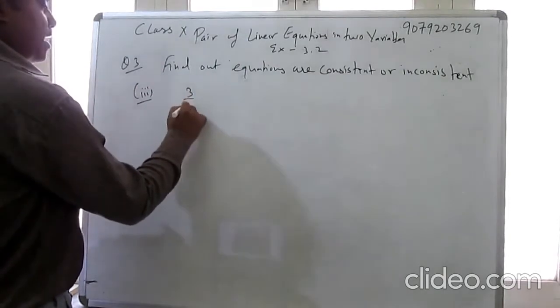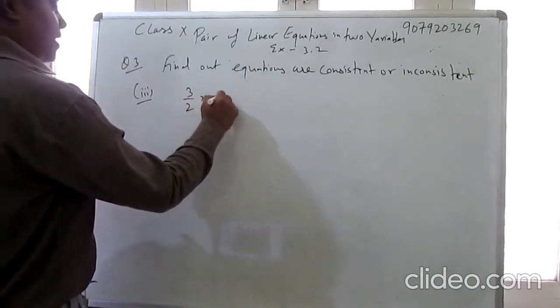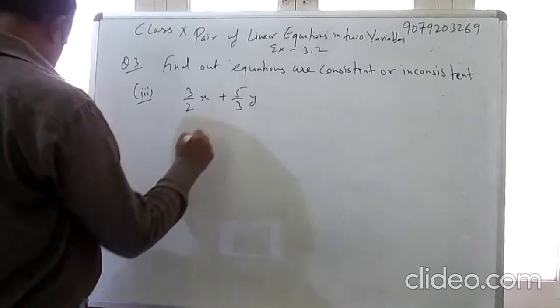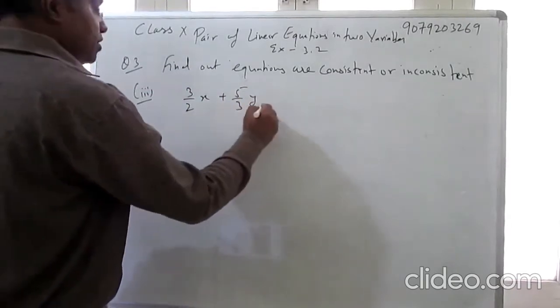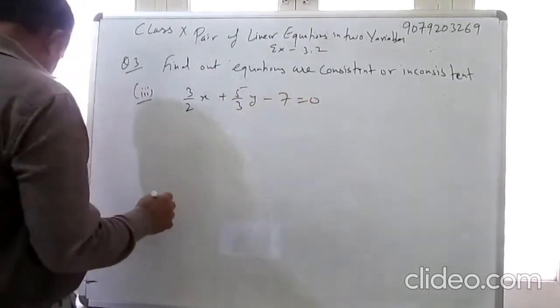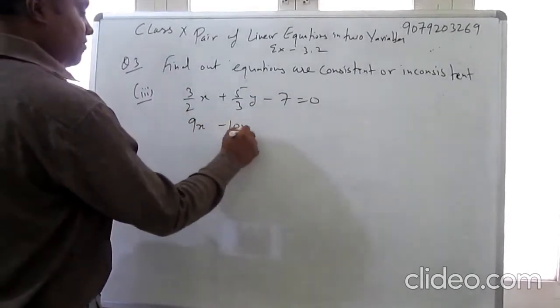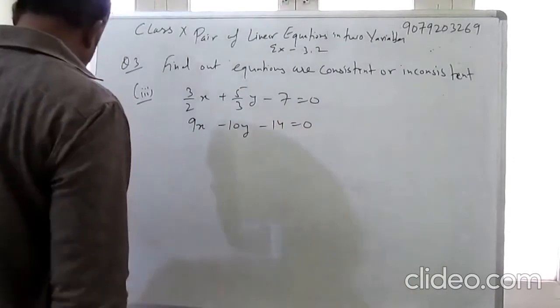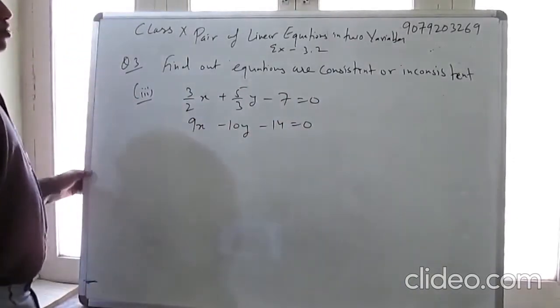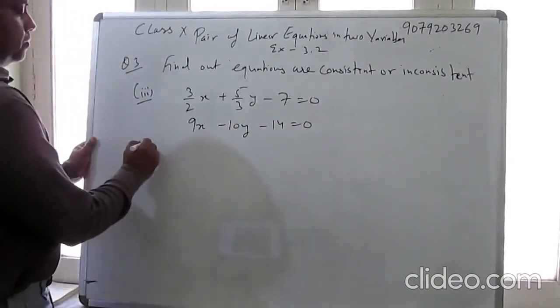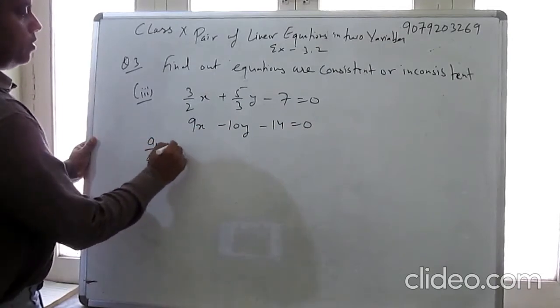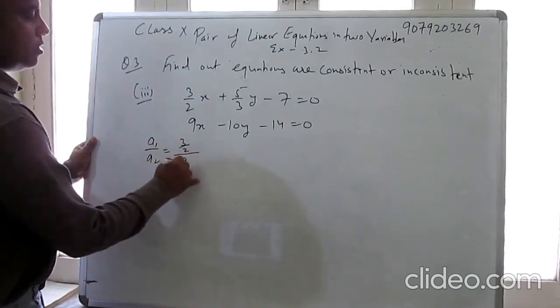3 by 2x plus 5 upon 3y, transpose the 7, minus 7 is equal to 0. 9x minus 10y minus 14 is equal to 0. Now you check what is a1 upon a2. a1 upon a2 is 3 by 2 upon 9.